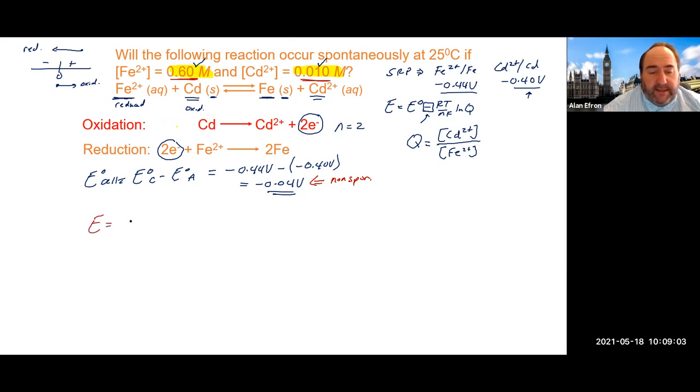We're just going to plug in everything we've got going on, the numbers: 0.04 volts minus our R, which is 8.314 joules per Kelvin per mole.